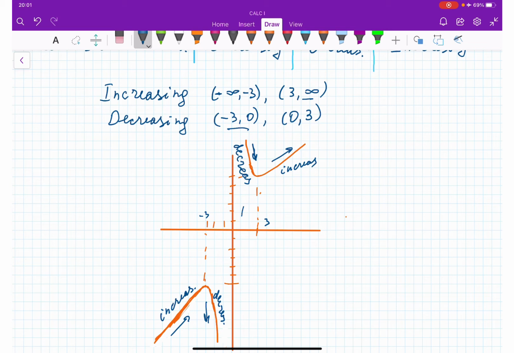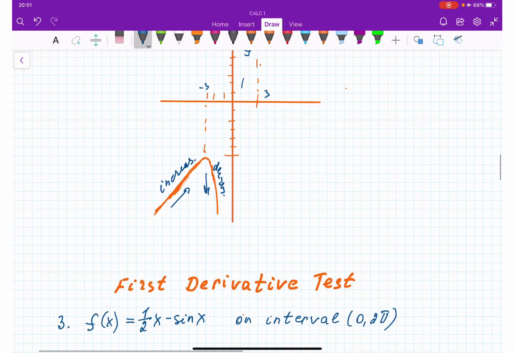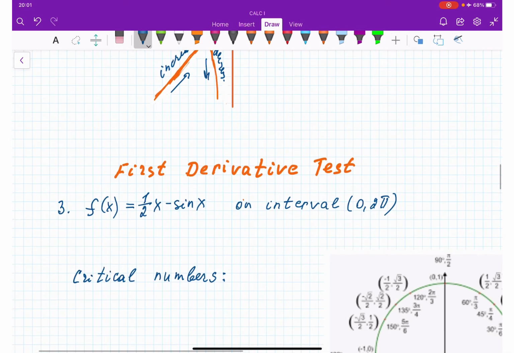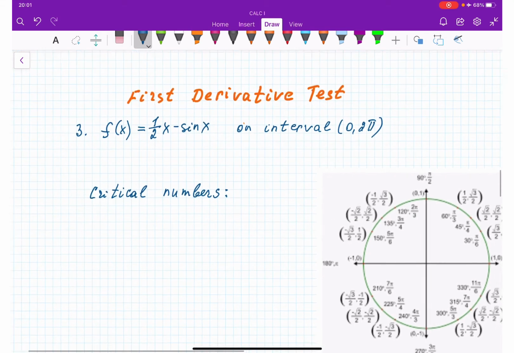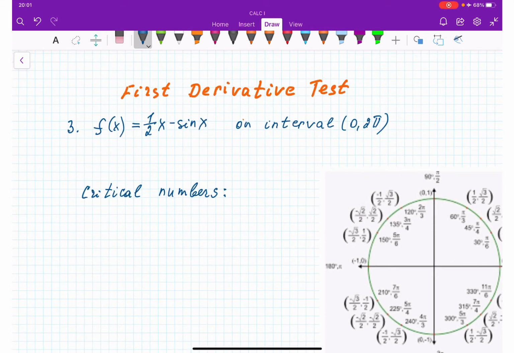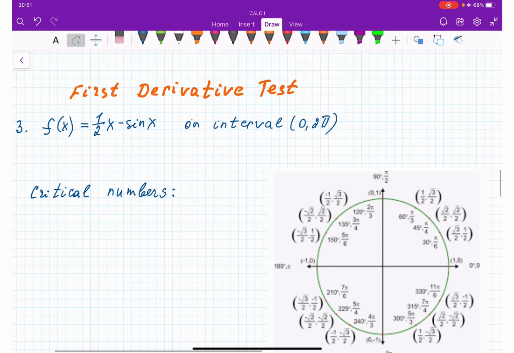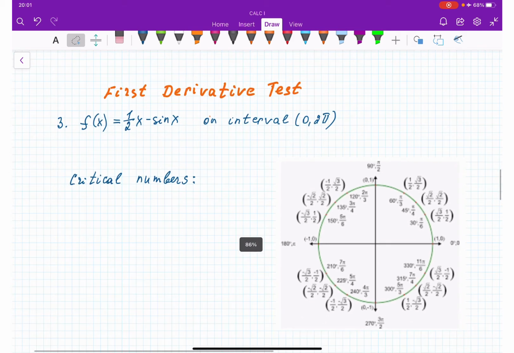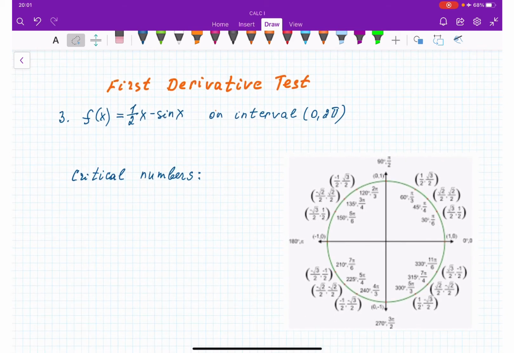Okay, next we are going to use the first derivative test to identify again critical points. So the first derivative test will help us to identify critical points.